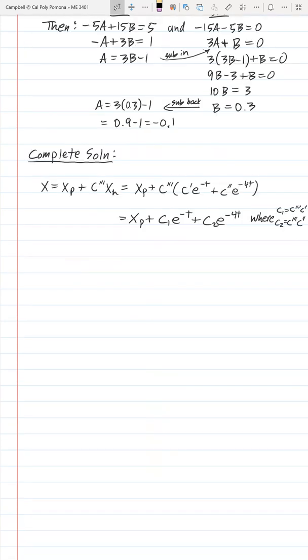And so we can then say, and now I will explicitly substitute in for xp, we can say that we get x is equal to negative 0.1 times cosine 3t plus 0.3 times sine 3t plus c1 e to the negative t plus c2 e to the negative 4t.